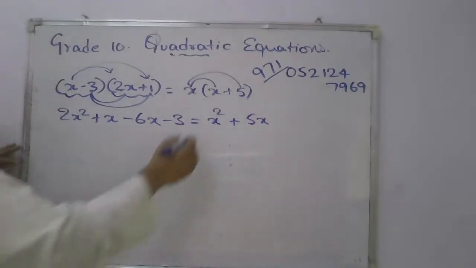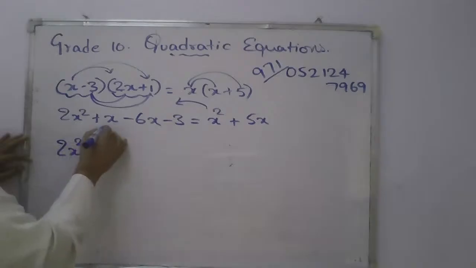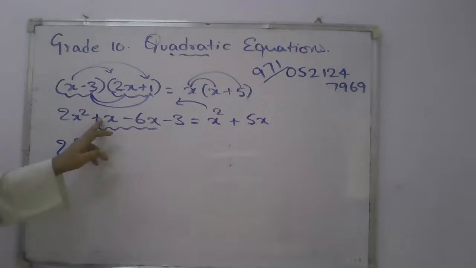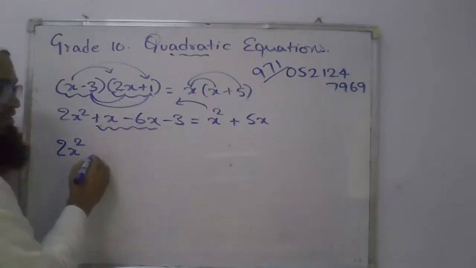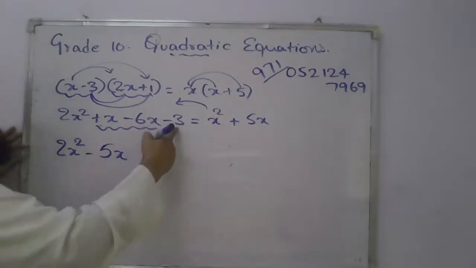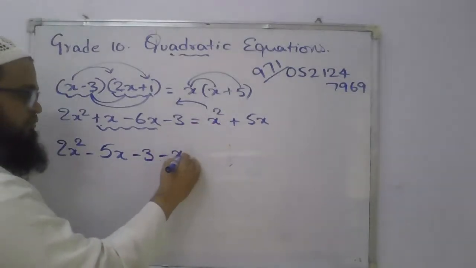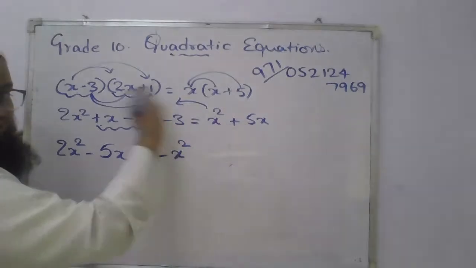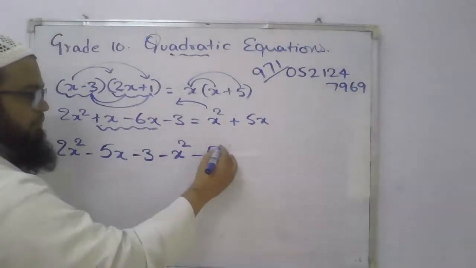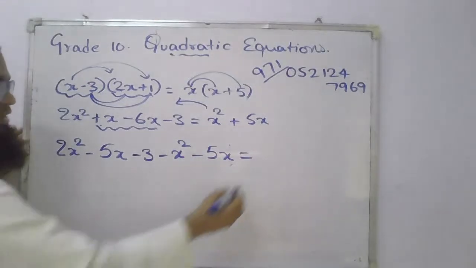Now transpose everything to the left hand side. That implies 2x square, and let us write plus x minus 6x. x means 1x, so 1x minus 6x, one positive, one negative, subtract: 6 minus 1 is 5, so 5x, but 6 has the negative, so it is minus 5x, minus 3. And x square: if you transpose, it will be minus x square, and plus 5x, if you transpose, it will be minus 5x, and nothing is remaining on the right hand side, so keep 0.